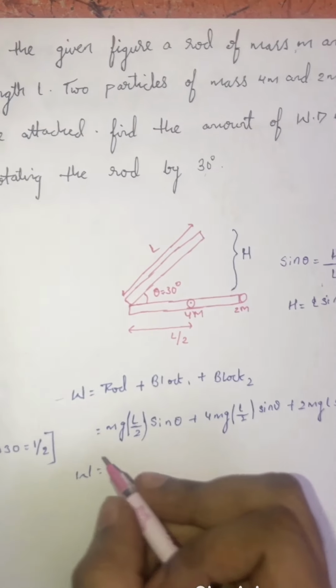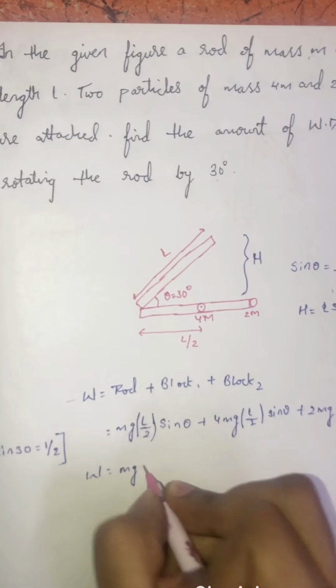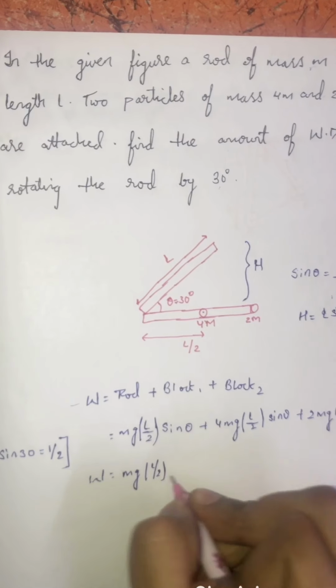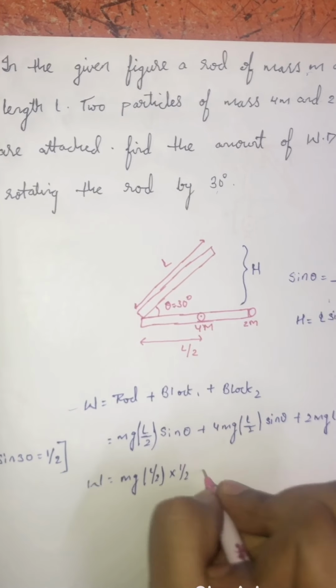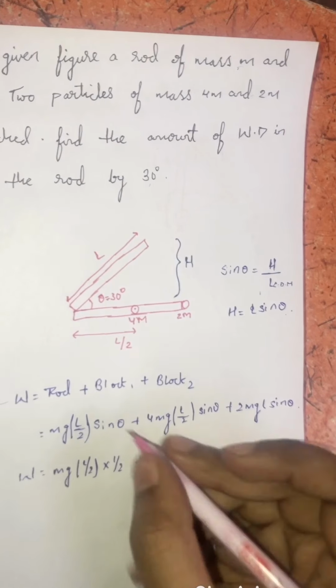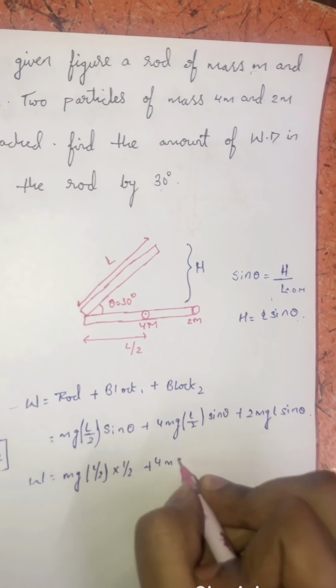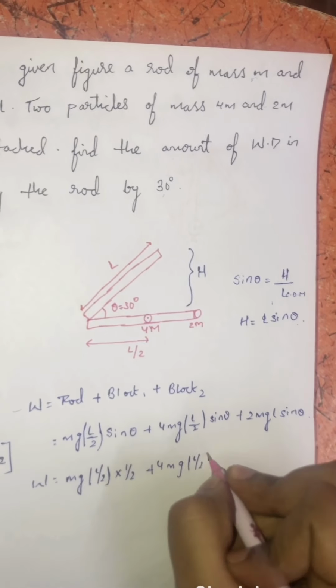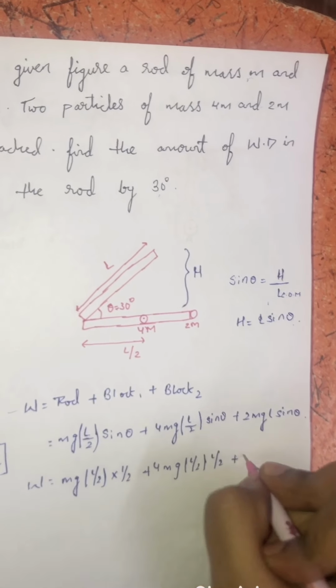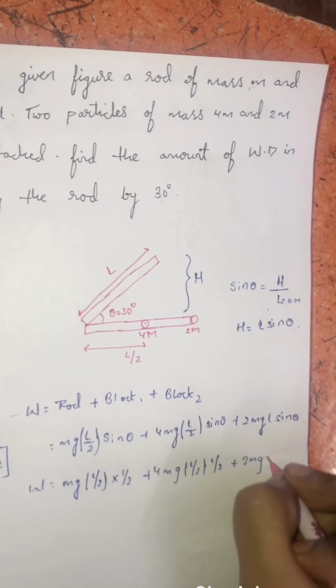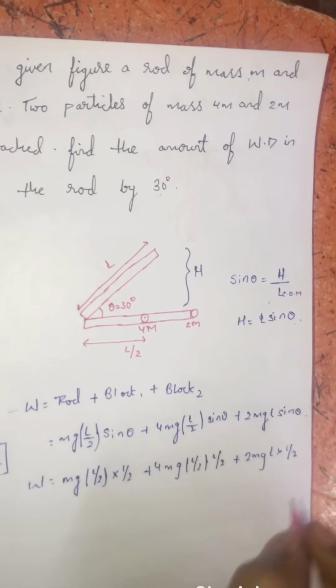So mgL by 2 into 1 by 2 plus 4 mg L by 2 into 1 by 2 plus 2 mg L into 1 by 2. That's fine.